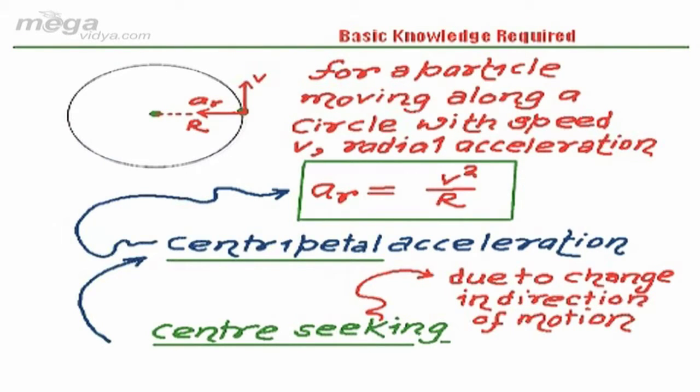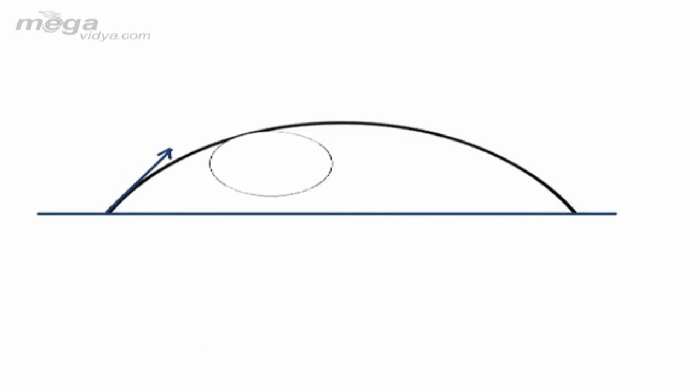So, if we have this knowledge, then let us take an example in which a projectile has been thrown with velocity u at an angle theta with the horizontal. Say its velocity becomes v at any instant while it is moving at an angle alpha with the horizontal.